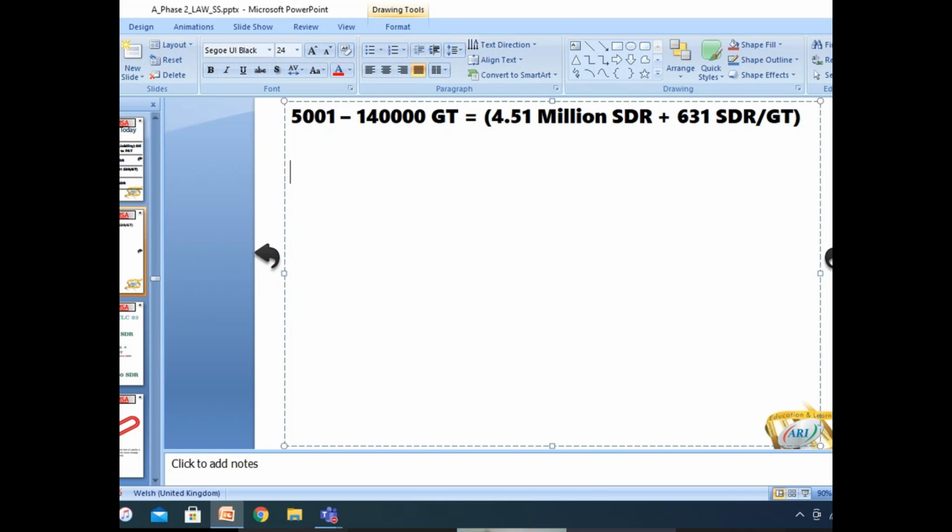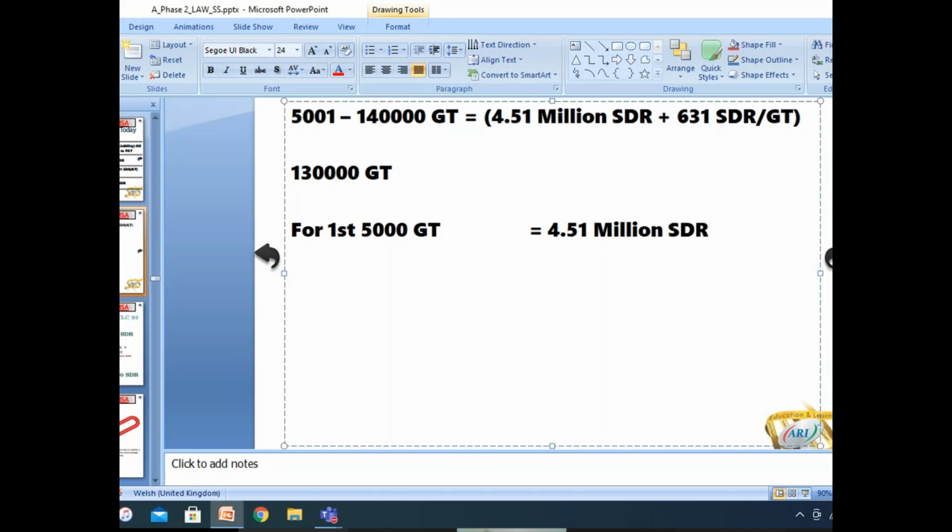Okay. Guys, can you see this? Yes, sir. Okay. Let's say our crude oil tanker is 1,30,000 gross ton. How much will the crude oil tanker owner have to pay? For the first 5,000 gross ton, it is 4.51 million SDR.